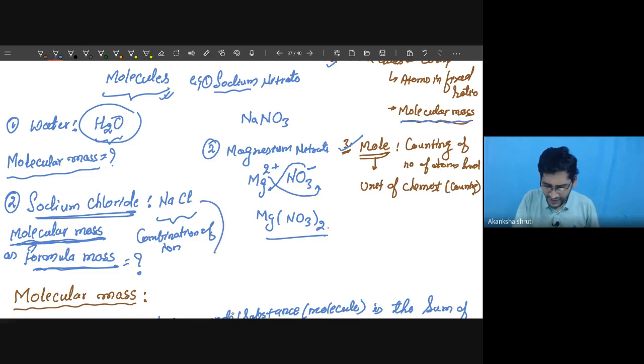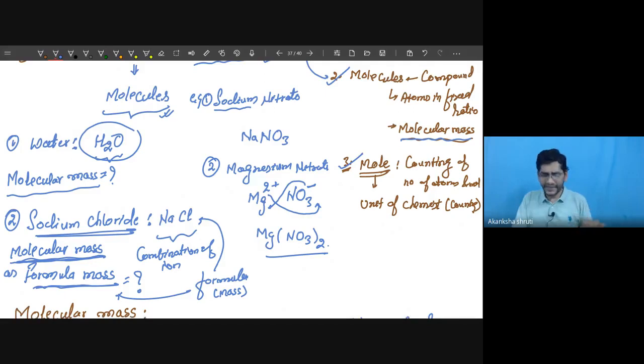This is the formula, and its mass is called formula mass. The only difference is that the term formula mass is used for ionic compounds like NaCl, MgCl2, AlCl3, this kind. But the term molecular mass is used for any kind of neutral molecule or formula.